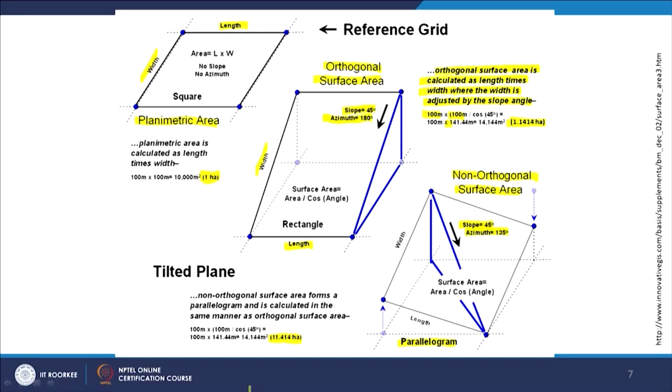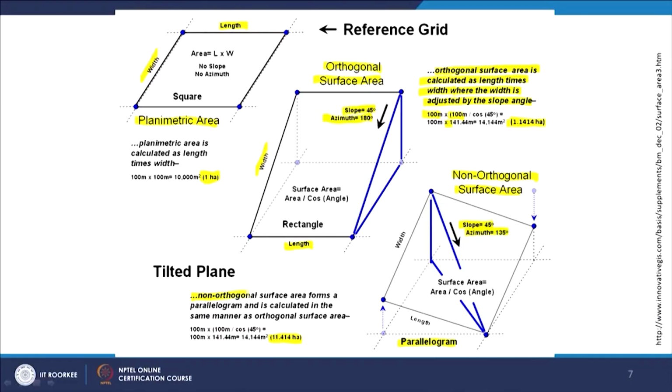See the difference, a huge difference in the surface area. Instead of 1 hectare, it is now coming 1.4 hectare. And that is why I said when discussing previous slides that if a lot of work is estimated based on just the planimetric surface, assuming everything in 2D using survey toposheets, you are going to grossly underestimate the work, and that will cause a lot of problems.